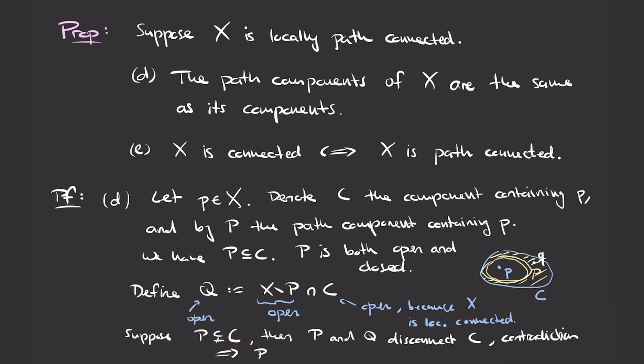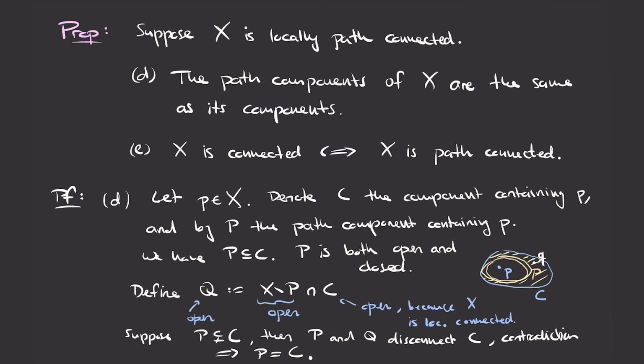So in fact, the path component P has to be equal to the component C. And now we've shown that for any point in our space, the component it's contained in is equal to the path component it's contained in. And now since every component and path component contain some point, this also shows that the path components of the space have to be the same as the components of the space.